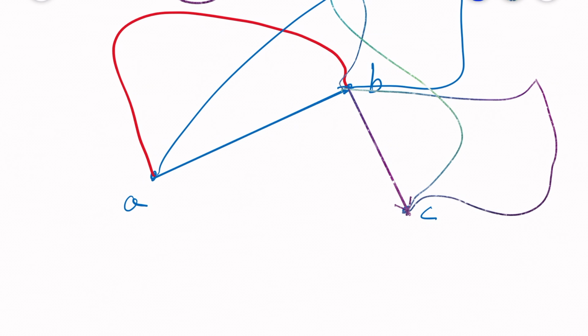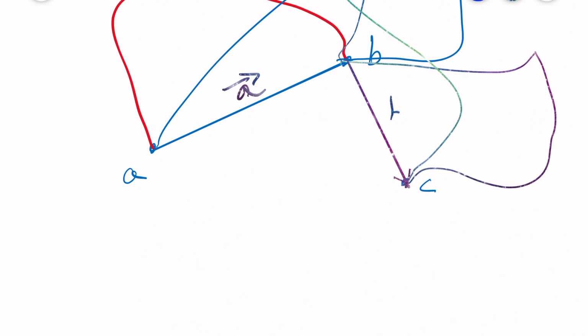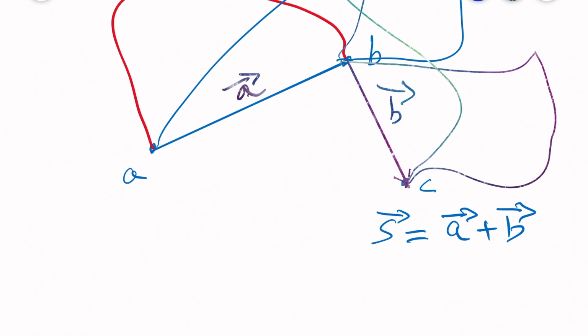So, what we really want to find out is the total displacement between A and C. Let us say our vector A was this, and this is our vector B. What we really want to find out is the addition of vector A and vector B. Let us say this is equal to S. There is a third vector called S, which is equal to the addition of vectors A and B.